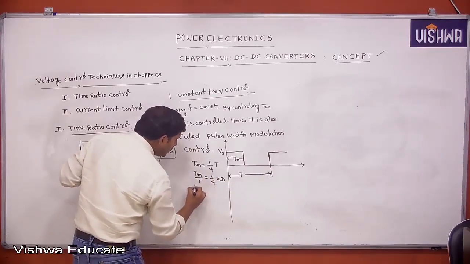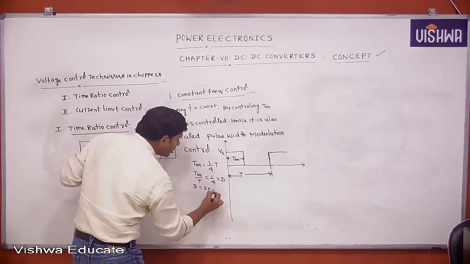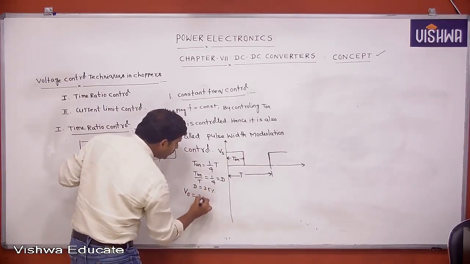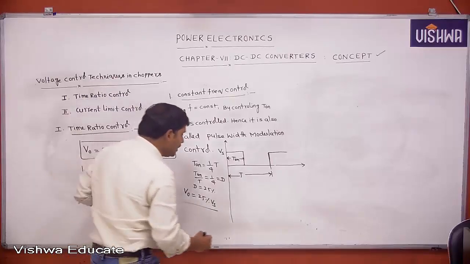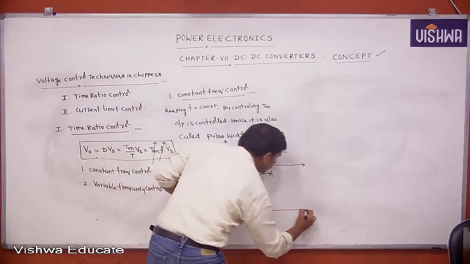That is a duty cycle of 25%. Then V naught equals 25% of Vs.